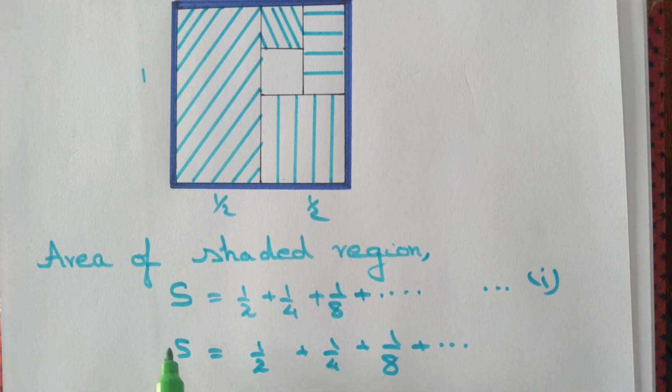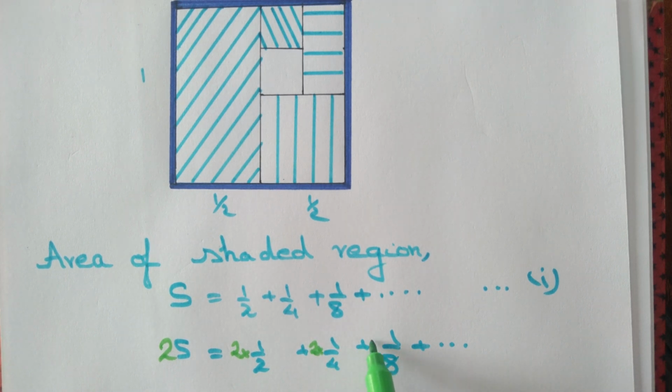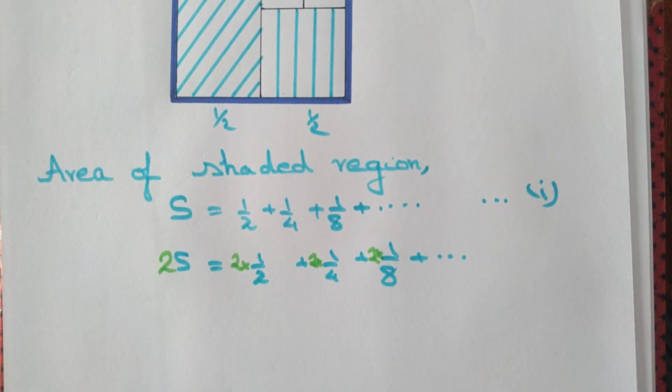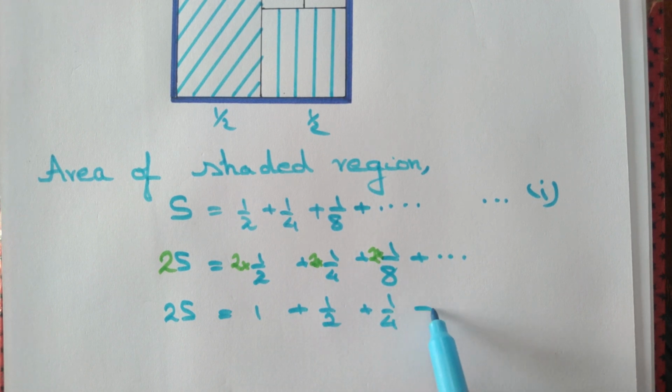So we can say 2S equal to 2 times half, which is 1, then 2 times 1/4, then 2 times 1/8, and so on. So we can say that 2S equal to 1 plus 1/2 plus 1/4 plus dot dot dot.